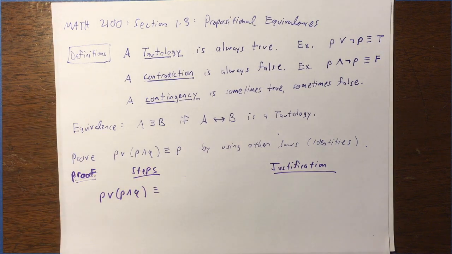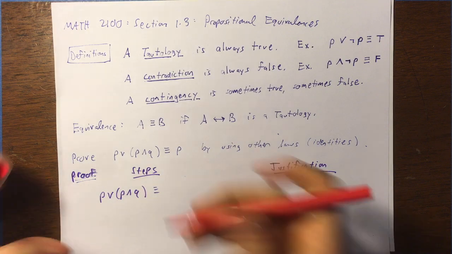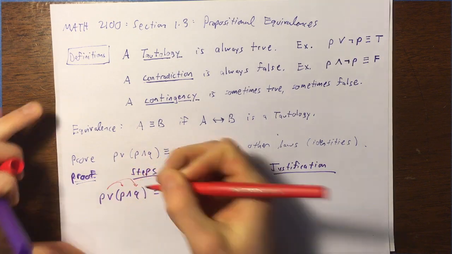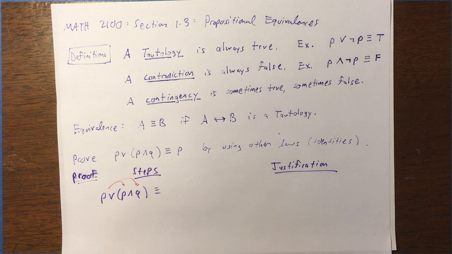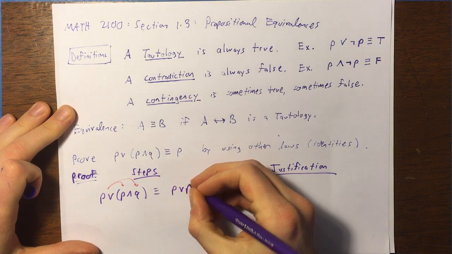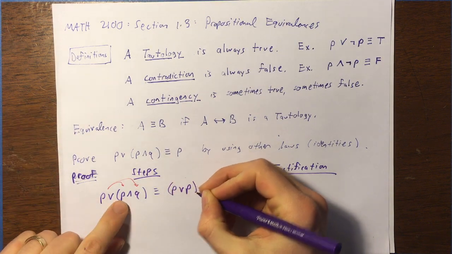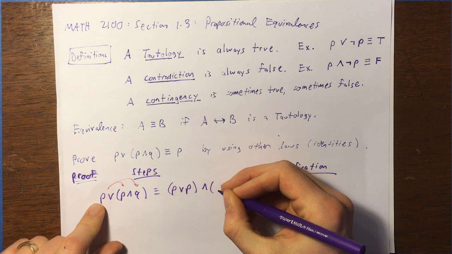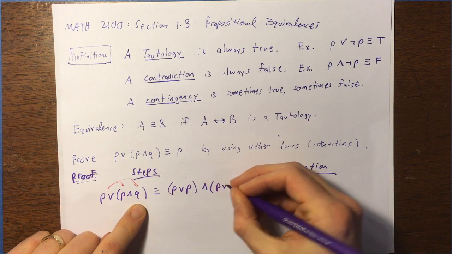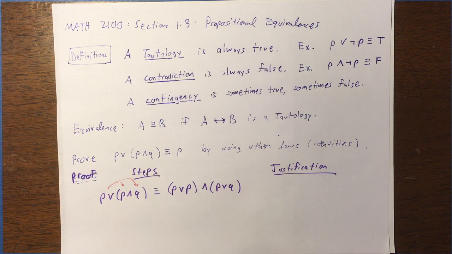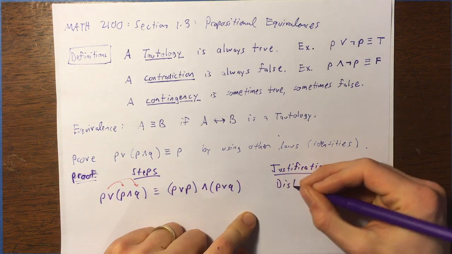The or is going to distribute over the and. So this becomes (P or P) and (P or Q). That's justified by the distributive law.